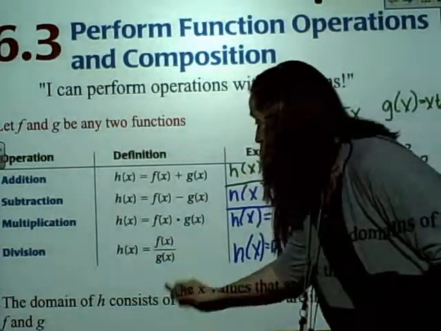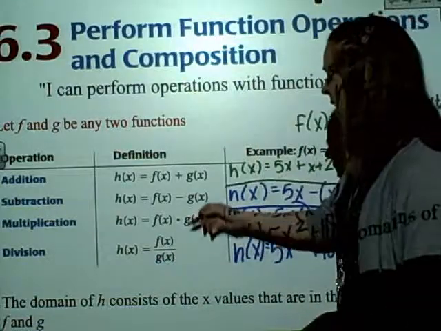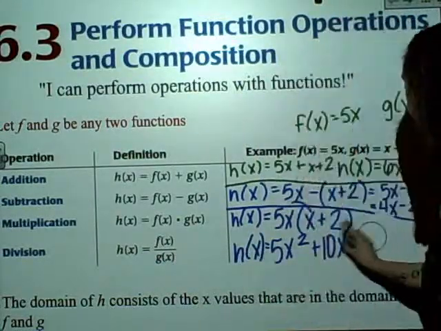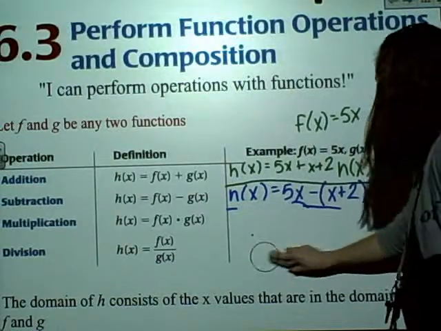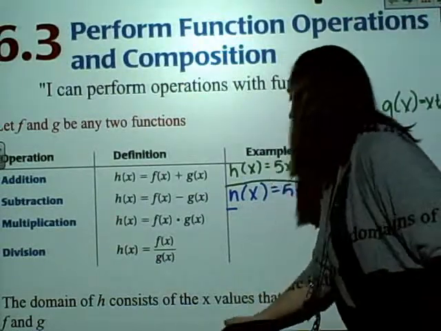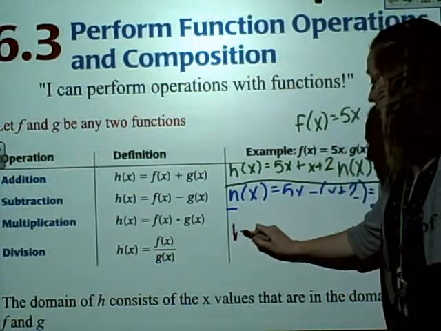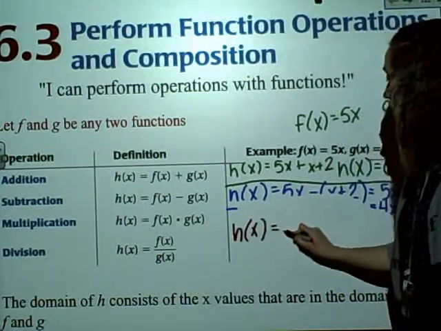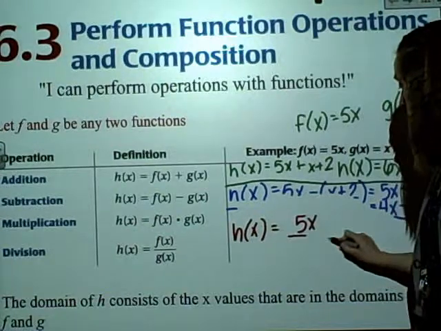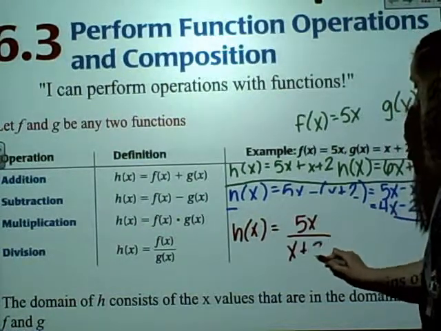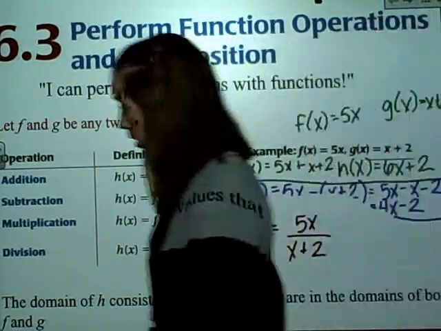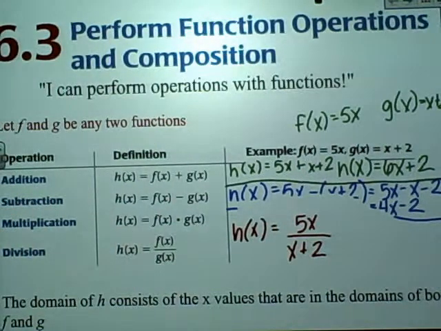Last one tells me to divide. This one, I'll write it right here. This one tells me to take f of x and divide by g of x. Here, I can't really do anything.